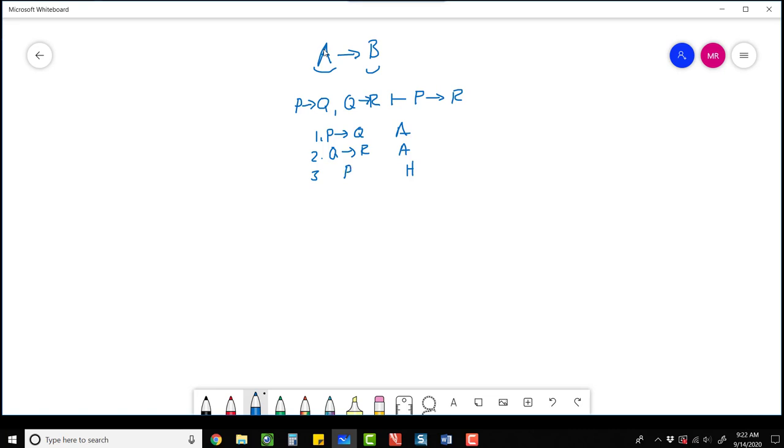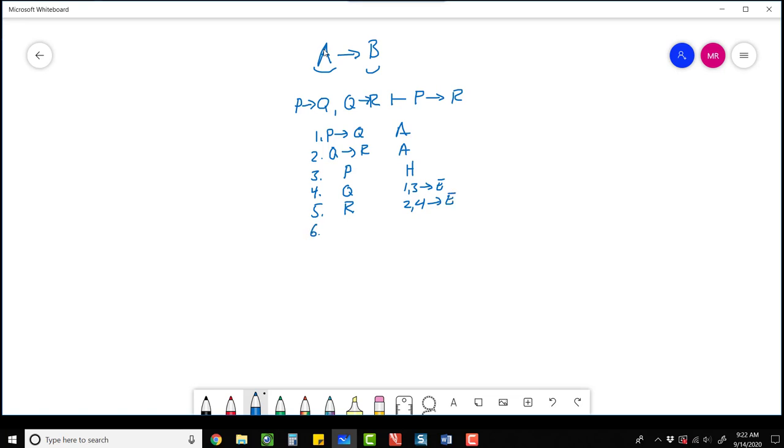We hypothesize P. And then we say, what happens if we hypothesize P? Well, if we hypothesize P, then it's going to follow that Q, notice that Q remains indented, by 1, 3 conditional elimination. And now that we have Q, we can also have R remaining indented by 2, 4 conditional elimination.